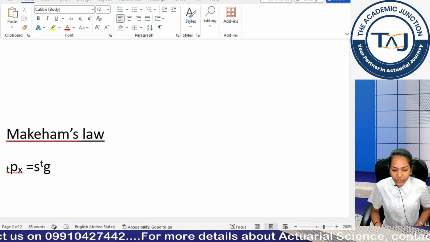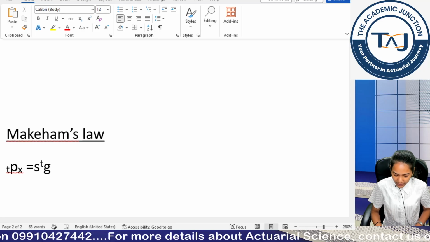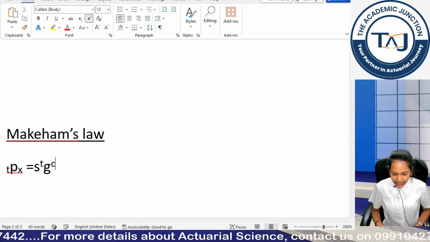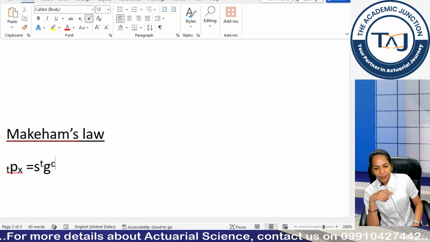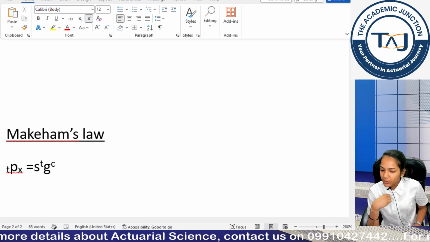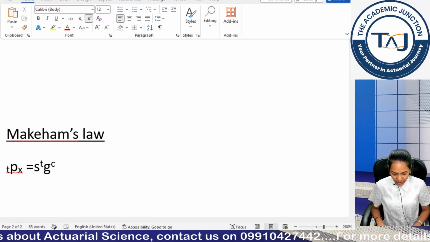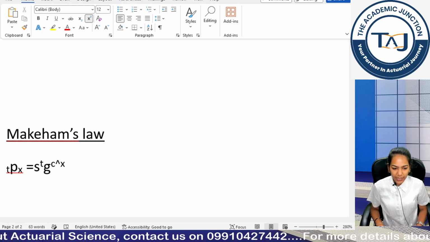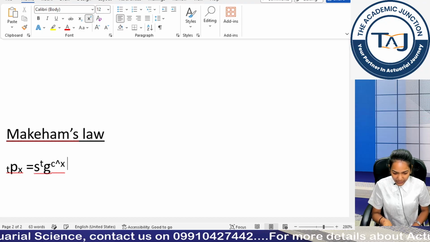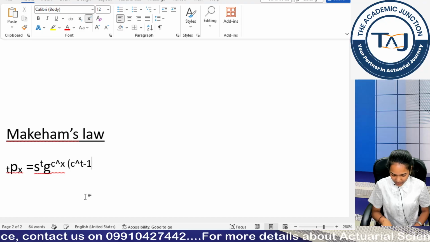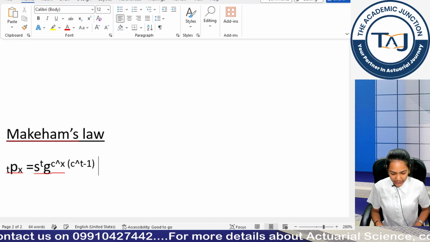Then we have g to the power c^x. G to the power c, for this I use control shift plus c. Now if I again hit control shift plus, I will come to the normal script. Okay, that's the format of the normal approach. So rather than doing this, I will just simply write c to the power x. Then I have something in the brackets there, c to the power t minus 1. Okay, control shift plus. This is the formula.